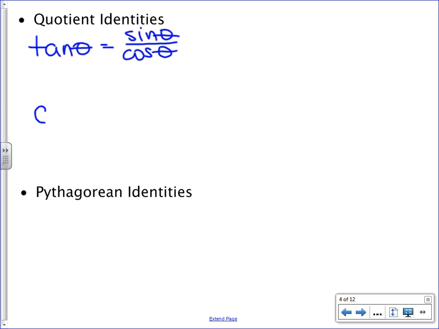Which means our cotangent on the unit circle, how do we evaluate cotangent? Okay, we would take x divided by y, correct? Which means the same thing as cosine divided by sine.